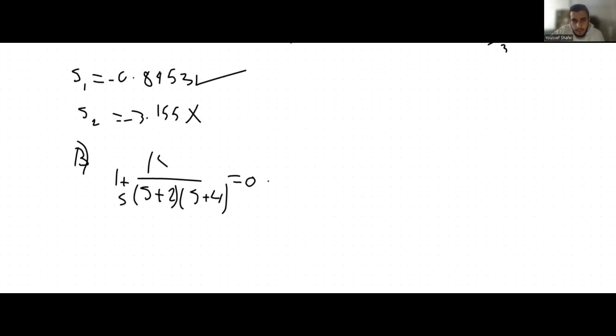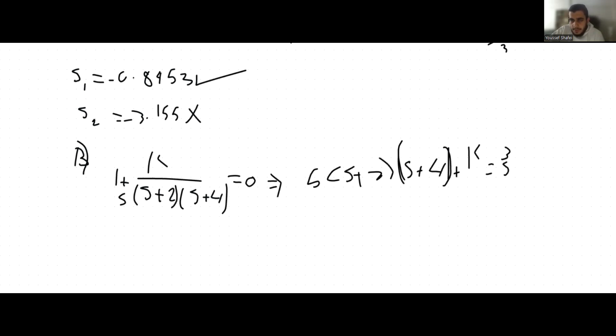So by simplifying, s(s plus 2)(s plus 4) plus K equals s cubed plus 6s squared plus 8s plus K.